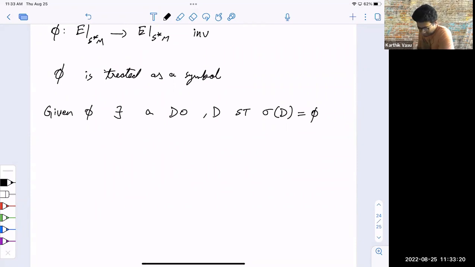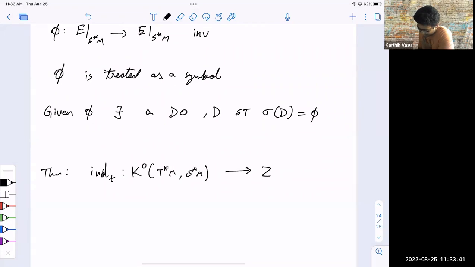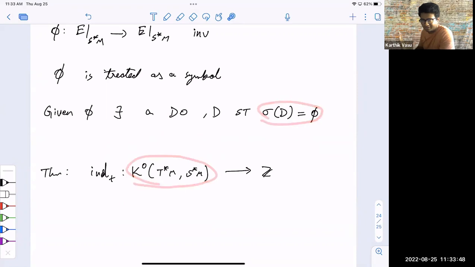But the topological index, I'll just say it's just a theorem, not a very nice thing, but the topological index will be a map from the K theory of T*M to Z, which will do some Thom isomorphism things and use all these to define it.